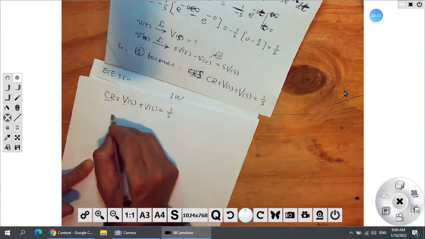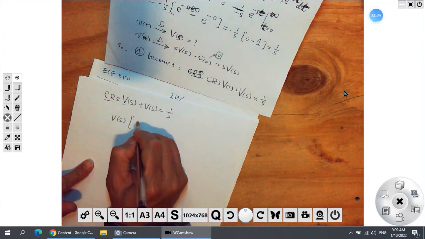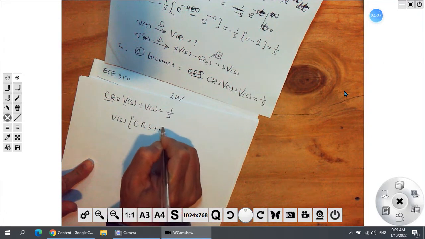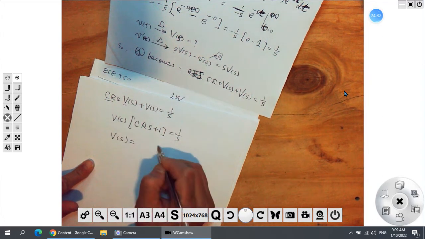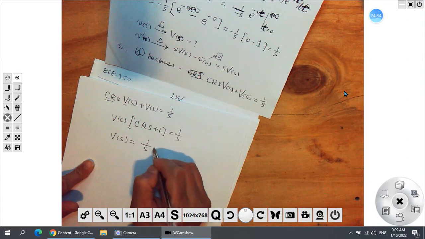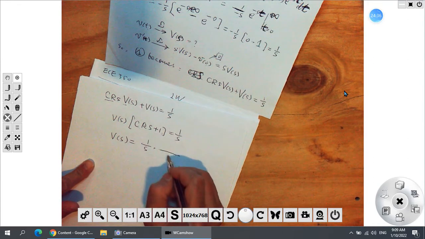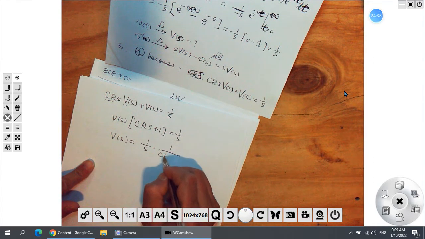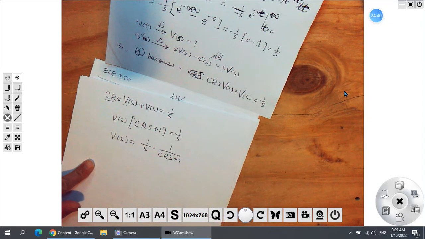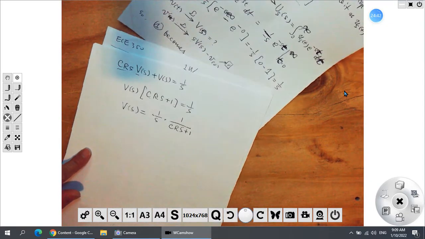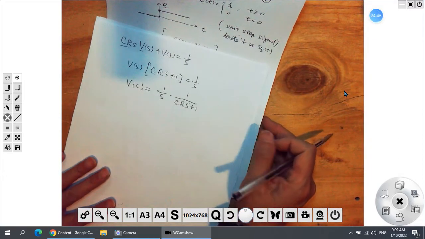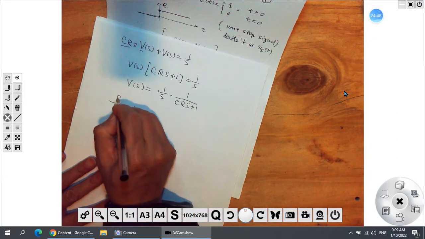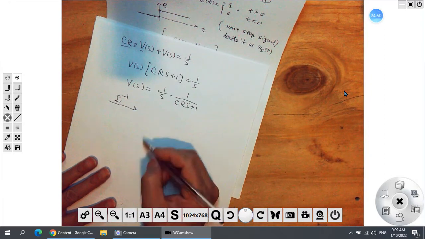V of s times (CRs plus 1) equals 1 over s. So V of s equals 1 over s divided by this one, 1 over (CRs plus 1). We have V of s. Then the problem is we do an inverse Laplace transform, and we can find V of t.